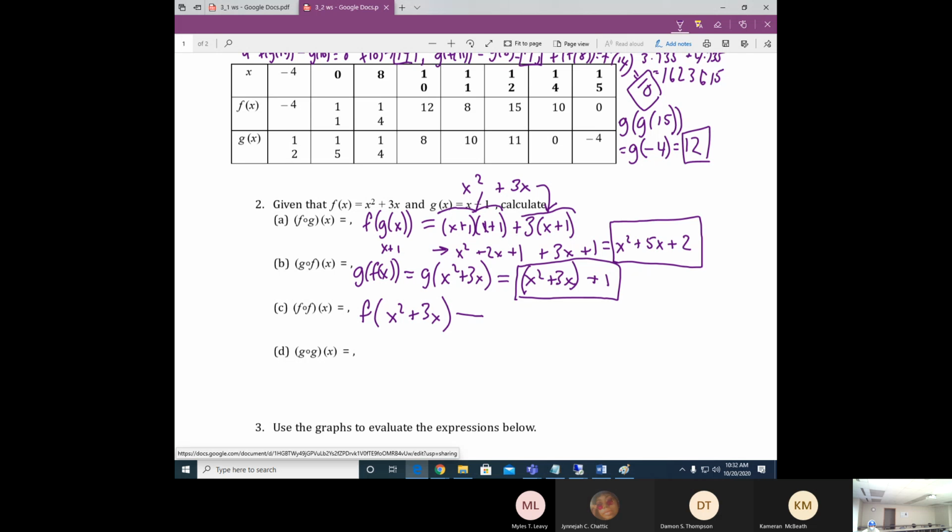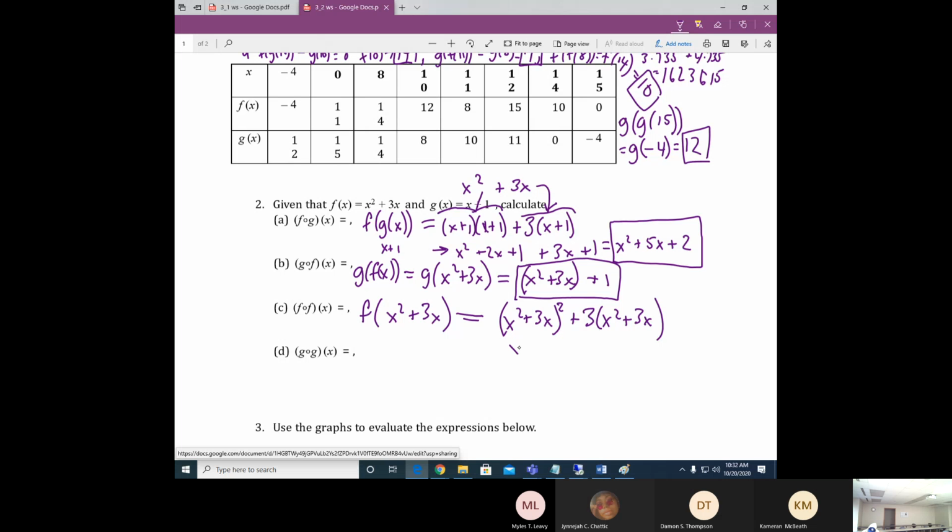So x squared plus 3x, squared, plus 3 times x squared plus 3x. Now, don't panic. Let's just multiply that out carefully.